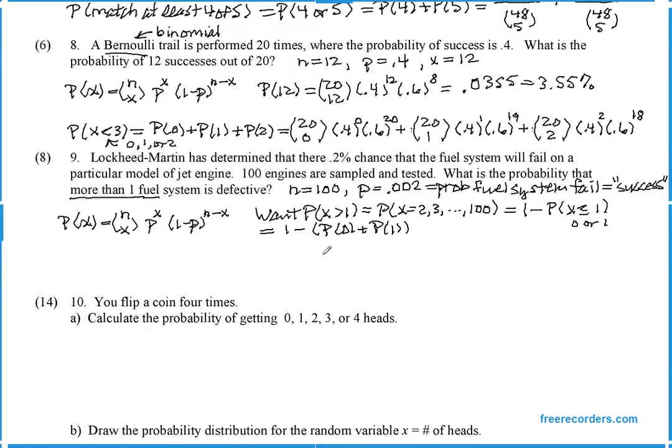So we just have to compute these using the formula. So over here, let's do p of 0 equals, and then p of 1 equals, and then we'll plug those numbers in. So our n up here again is 100. For this first application of the formula, x is 0. Our p is 0.002. And then 1 minus p is what it takes to add up to 1. So 1 minus 0.002, which is 0.998.